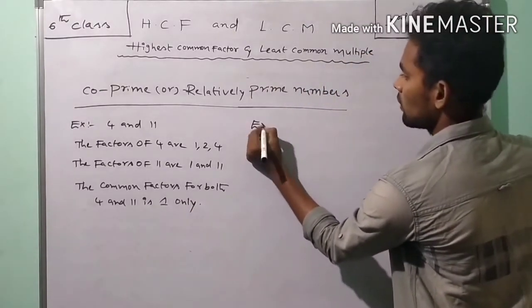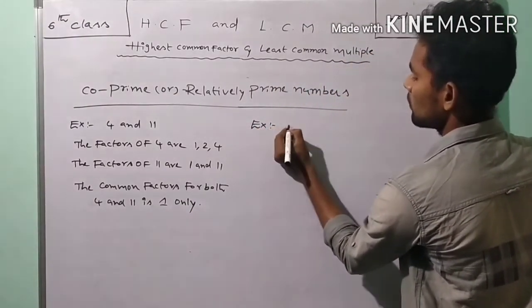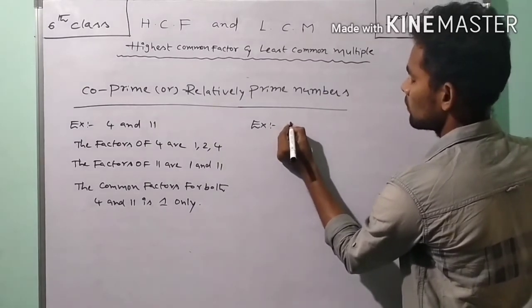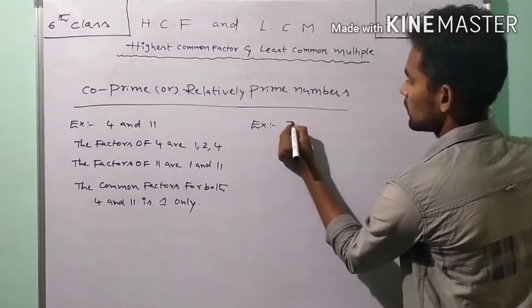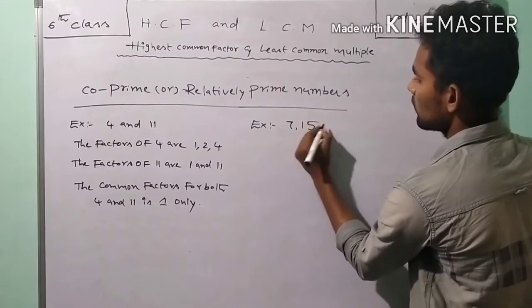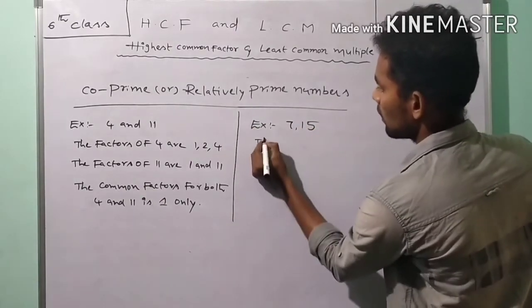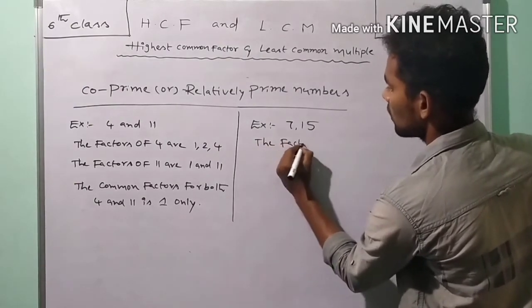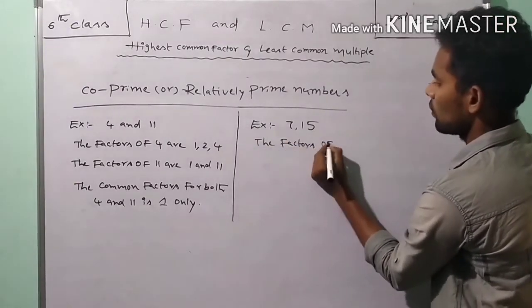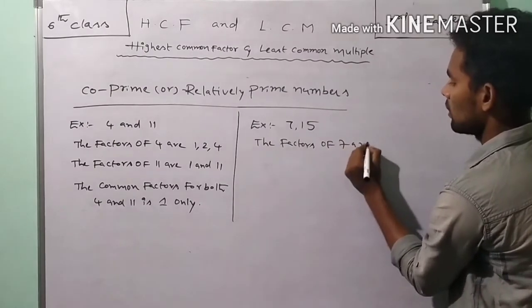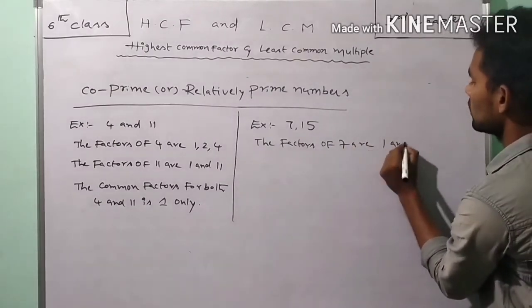Another example, 7 and 15. The factors of 7 are 1 and 7.